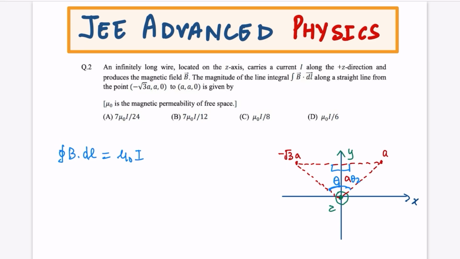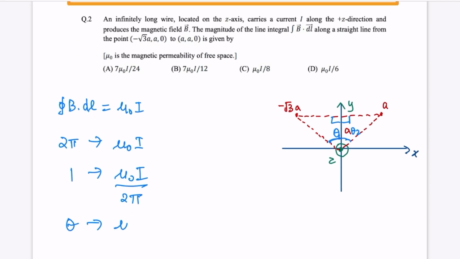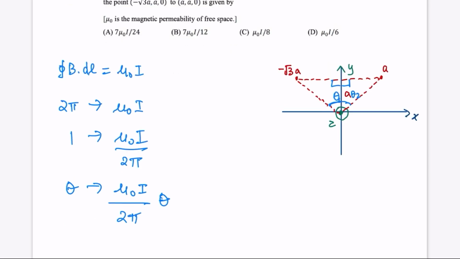So we know 2 pi contributes mu I, and then 1 radian is going to contribute this much, and this theta is going to contribute this much. So you have the same answer, and we have already calculated theta 1 and theta 2 previously, which came out to be 7 pi over 12.